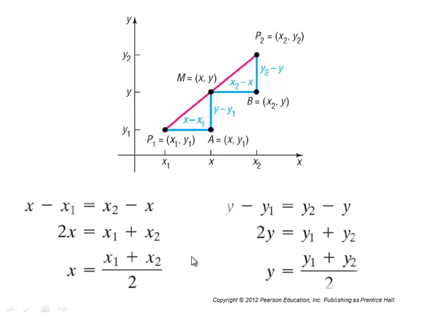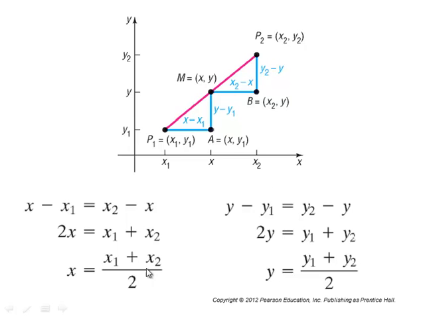And then the same thing for the y coordinates. That says that this point y will be exactly halfway between this y-coordinate and this y-coordinate up here. In other words, the difference between y and y1 will be the same thing as the difference between y2 and y. And then simply solve for y using algebra.